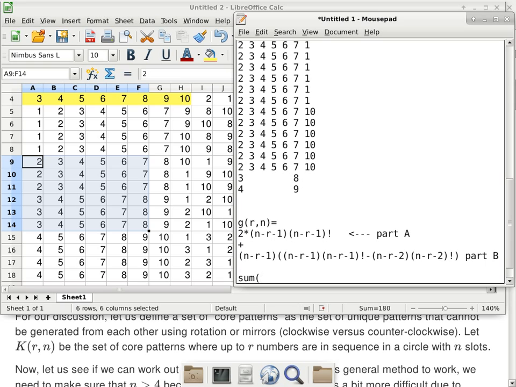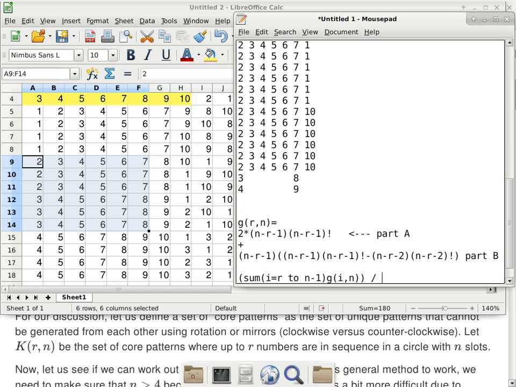You say summation, i starting with R, up to n minus 1, and then you plug in the G equation here, so you have G, i, n. Then you take this entire summation, which gives you the total number of outcomes with a sequence of at least R elements, and divide it by the cardinality of omega.